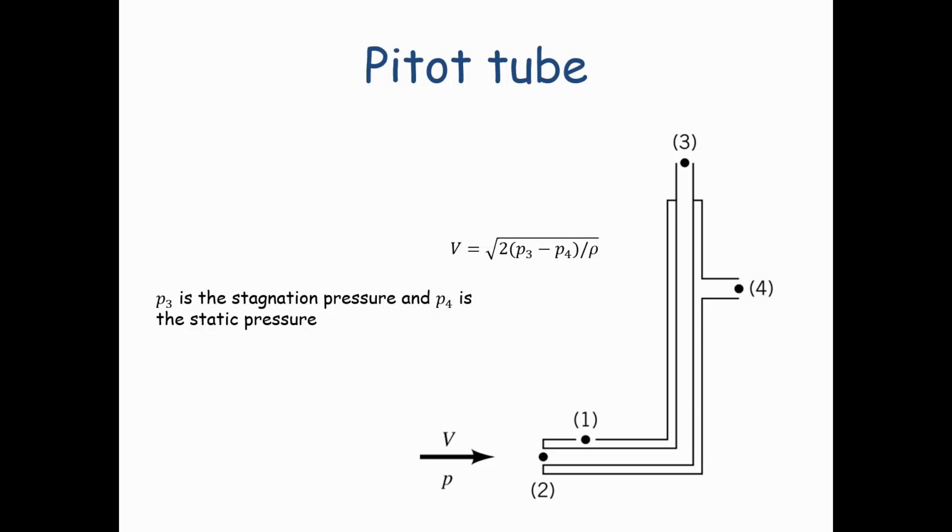So in this diagram, P3 is the pressure being measured, the stagnation pressure, and P4 is the hydrostatic pressure.